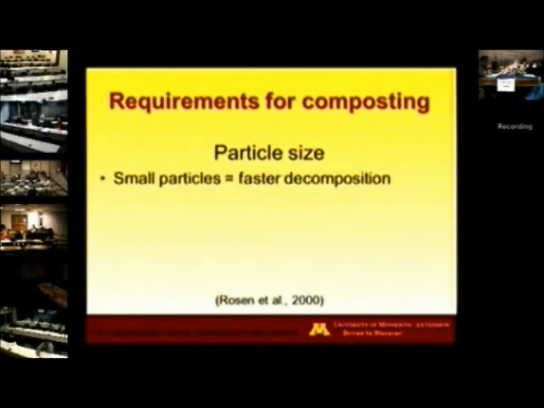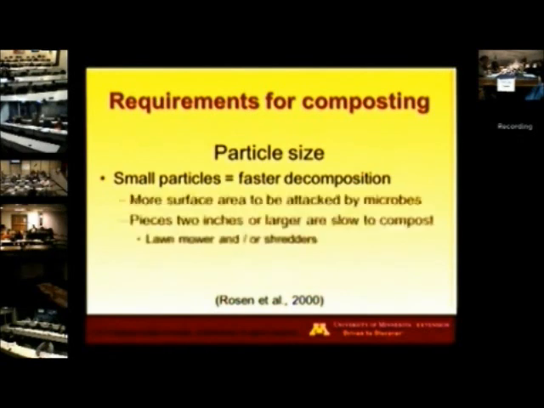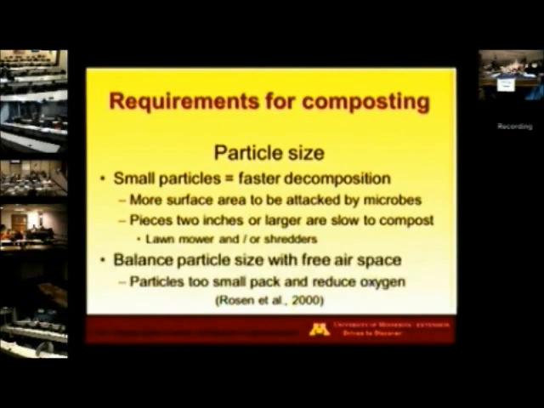Particle size, as you could all understand, smaller particles is going to equal faster decomposition. Basically, we'll have more surface area to be attacked by microbes. It's recommended that pieces that are 2 inches or larger be shredded. So depending on what you're using, you could run it through a lawnmower, or maybe through some type of shredder to make sure that the pieces that you're composting are going to be 2 inches or less.